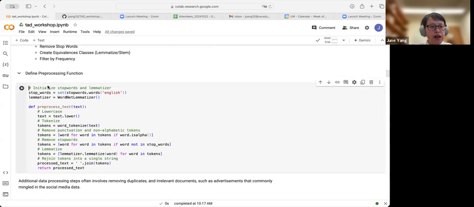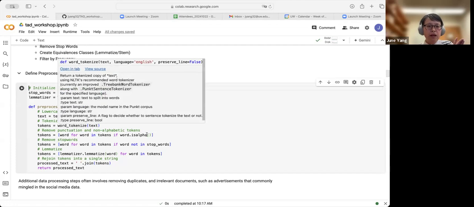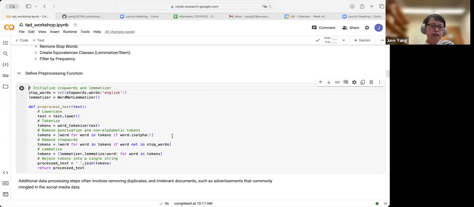Here, I'm defining this pre-processing function, which contains the steps that we mentioned above. For example, this step uses Python list comprehension. We're telling Python we're breaking the text into tokens, and then we're only keeping a token if it is alphabetic and if the word is not in the list of stop words.